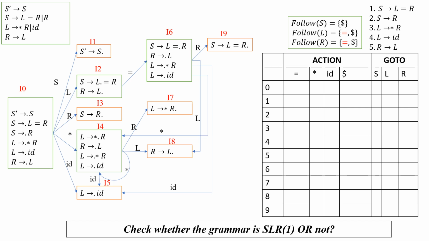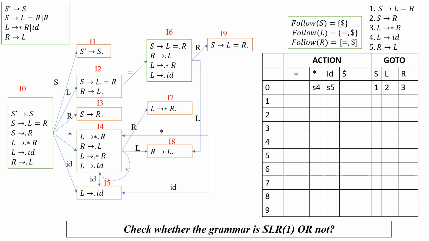Now look at the state I0. Let us find out the action part. On star, S4. On ID, S5. On capital S, go to 1. On L, 2.